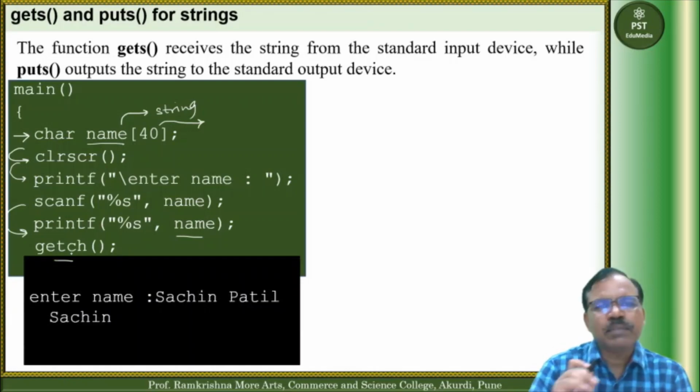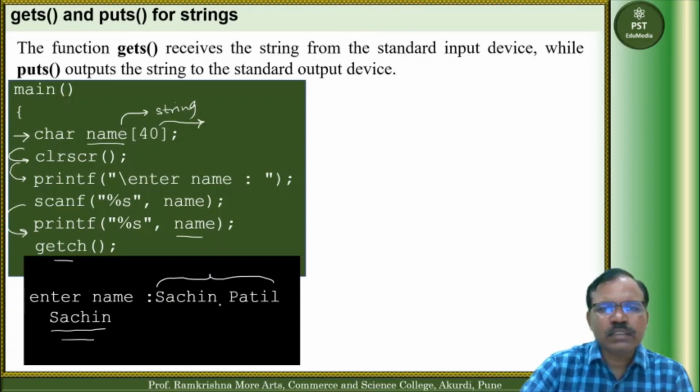What happens if we enter input like this, Sachin Patil? Only Sachin is printed, because once the scanf function encounters a space, it assumes that the string has ended, so it will take only Sachin, and that is stored in this array, and that is printed due to the printf function.